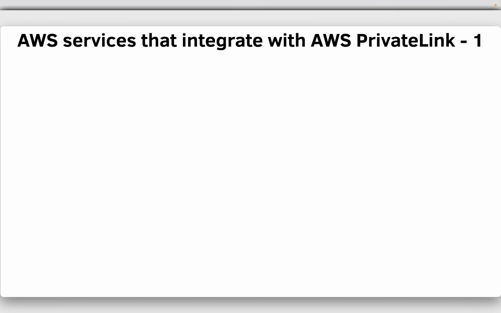So AWS services that integrate with PrivateLink, actually the list is very huge, but I have just put the 20 most popular services, starting from the most used and most important ones.